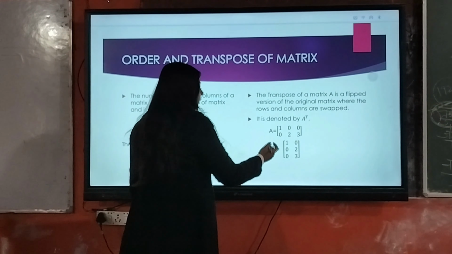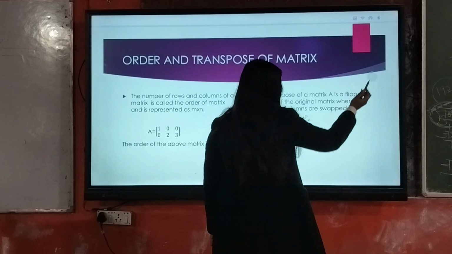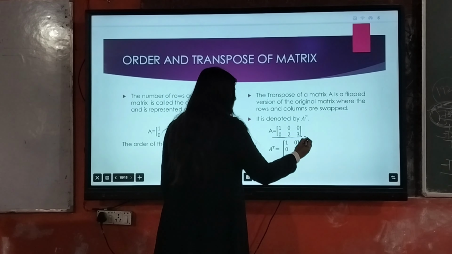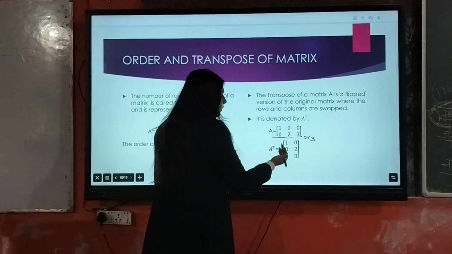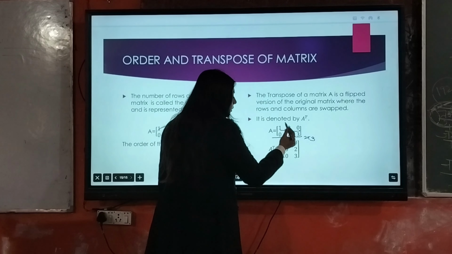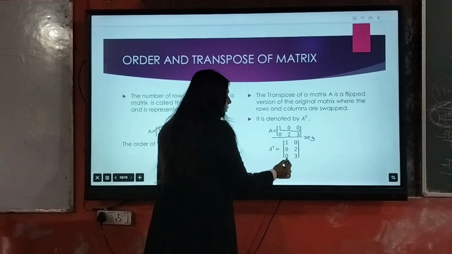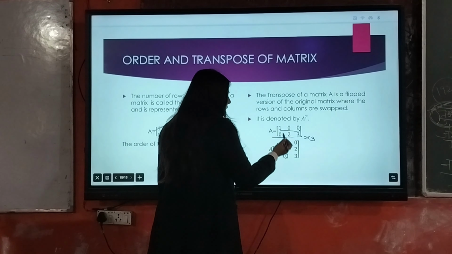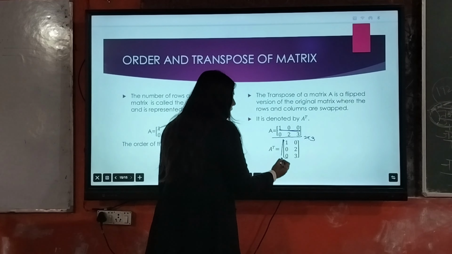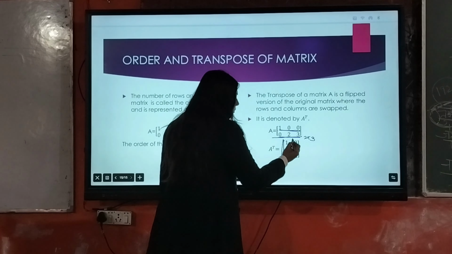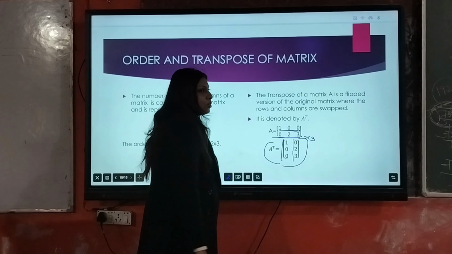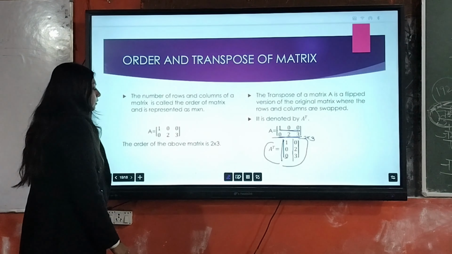If we are taking the matrix A, whose order we read previously is 2 cross 3, the flipped version is where the rows are swapped into the columns, and the columns are swapped into the rows. Here the row entries become the column entries. Similarly, for the second row, the row entries become the column entries, and this becomes the transpose of the matrix.